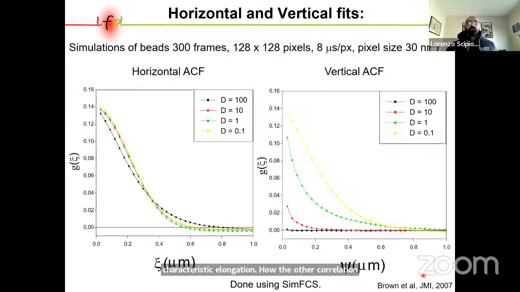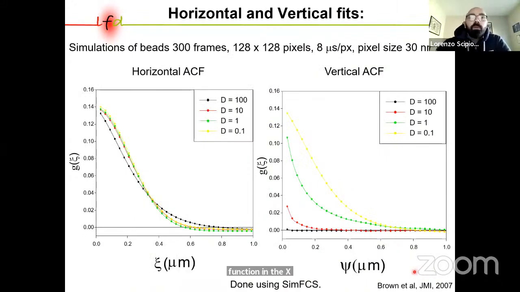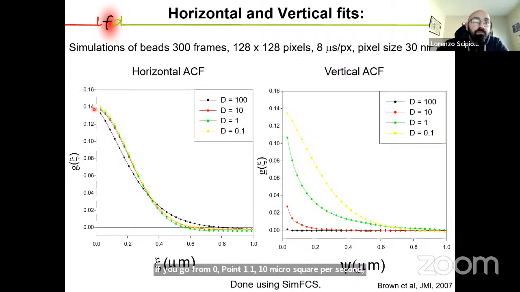So if we look at the individual profiles, you see that the horizontal ACF is basically unchanged if you go from 0.1, 1, 10 square microns per second, and it starts getting narrower, but with longer tails. So it's starting to pick up some contribution from diffusion when you go to a diffusion coefficient of 100 square microns per second.